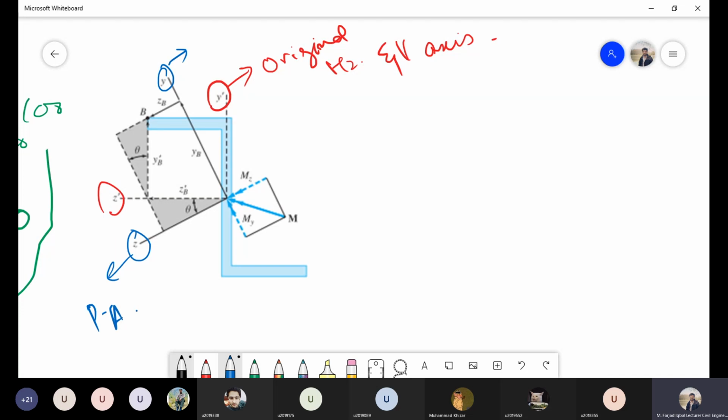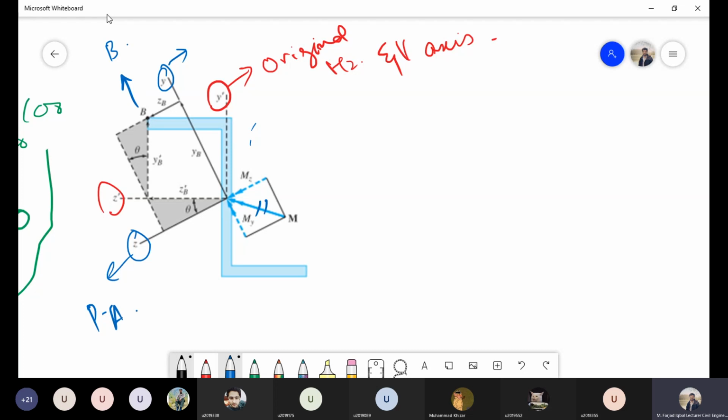Now let's suppose it has been asked that I need to calculate the stresses at this point B. Obviously, I have the moment, and I will transform this moment onto my principal axes. For example, this is the moment that is acting on this section, and these moments have been transformed onto the principal axes, and I will just substitute these values into my flexural formula.